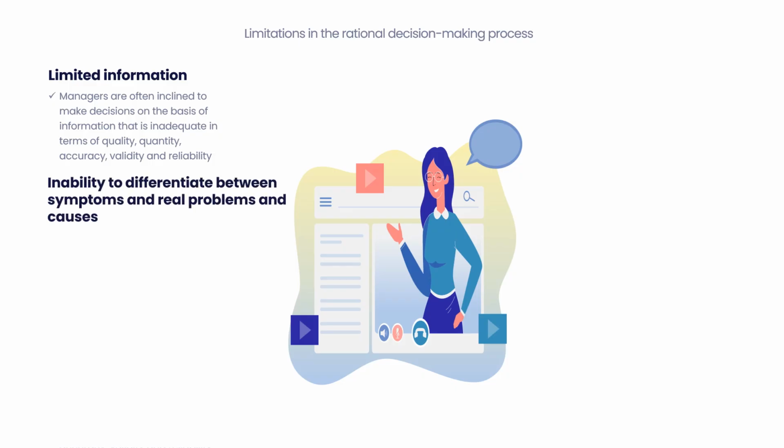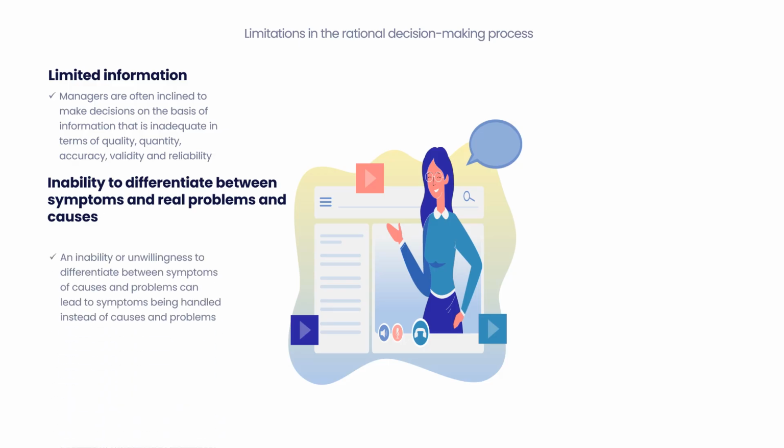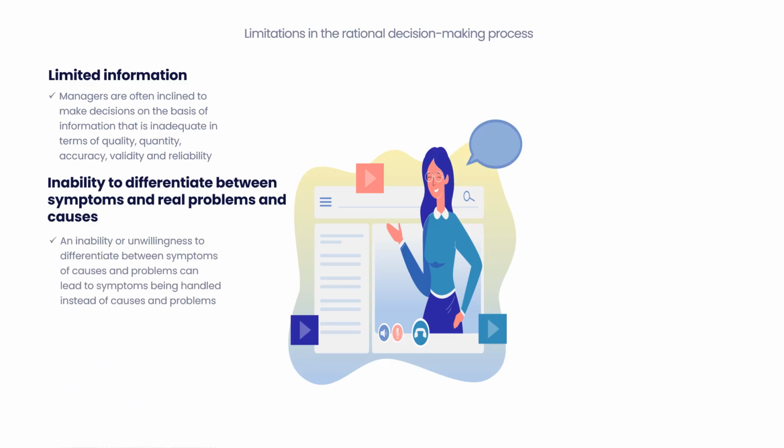You are limited. Inability to differentiate between symptoms and real problems and causes. We have discussed this already. An inability or unwillingness to differentiate between symptoms, causes, and problems can lead to symptoms being handled instead of causes and problems. So we have to know the difference between these three: problems, causes, symptoms.